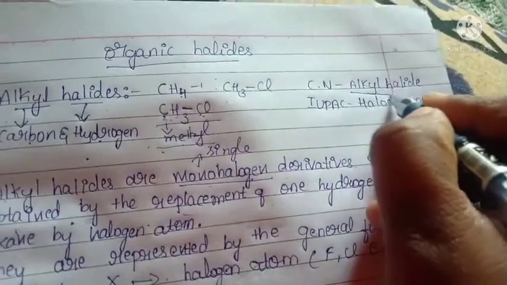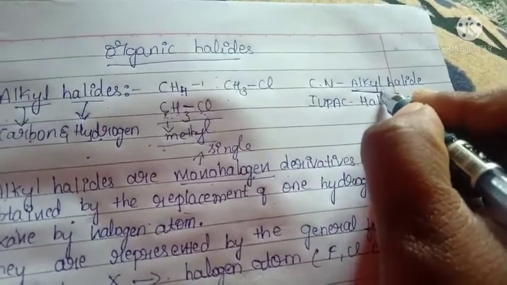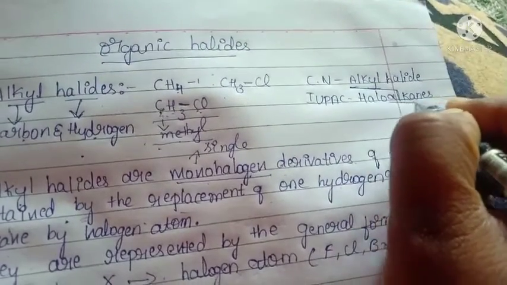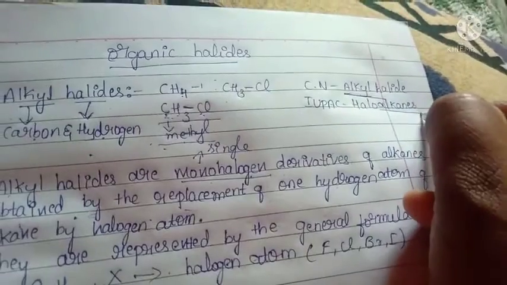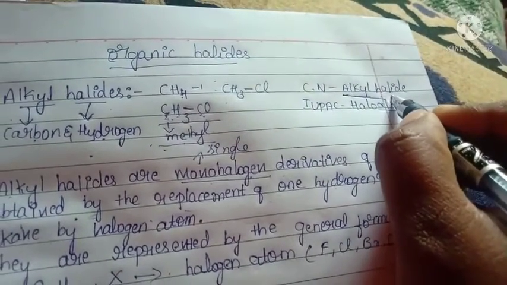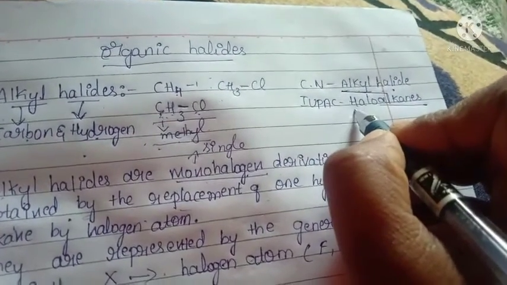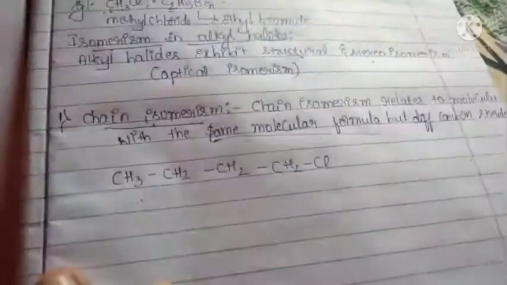In the common name we use alkyl, but in the IUPAC name we use alkane. The halogen group is last in the common name, but first in the IUPAC name.